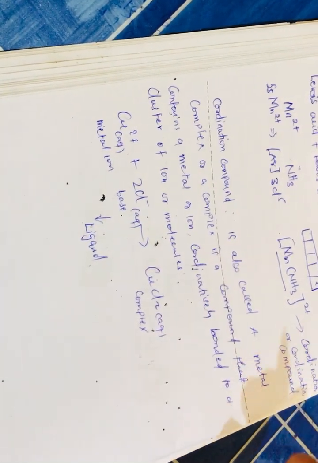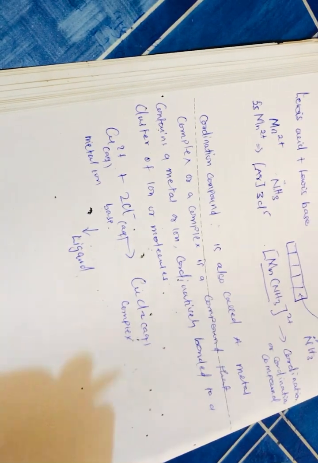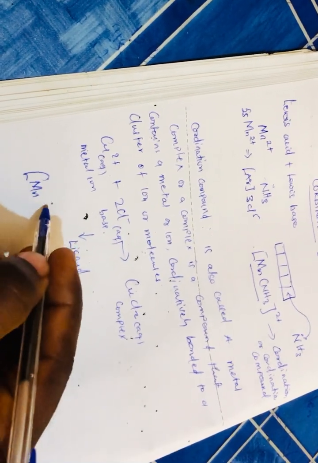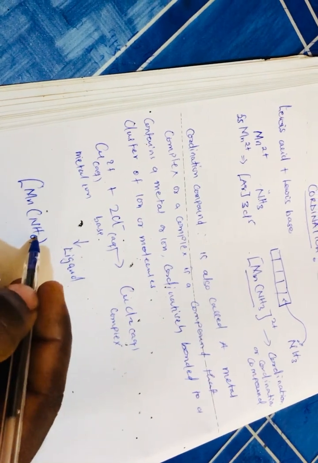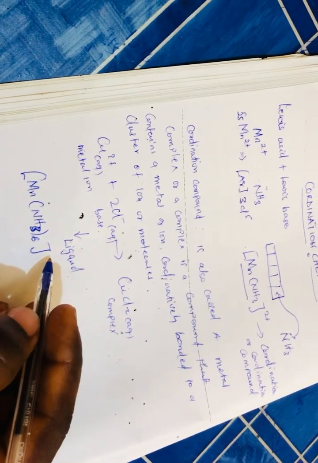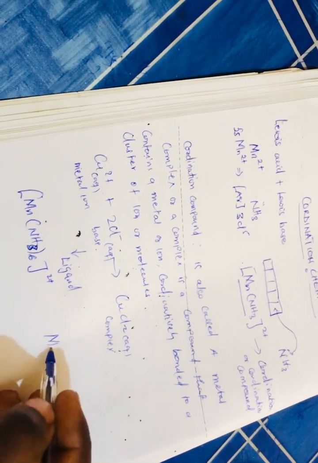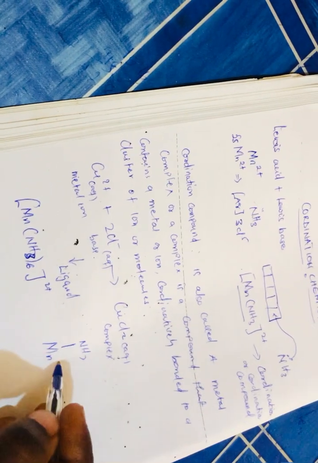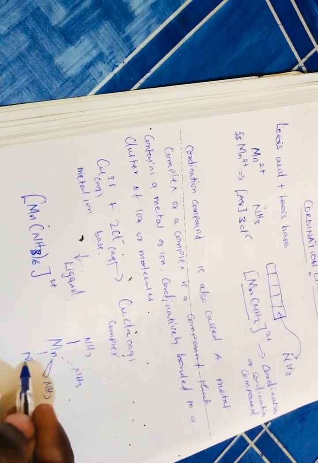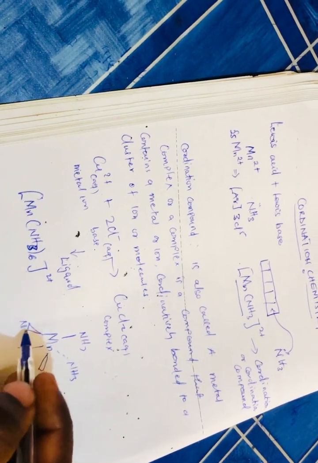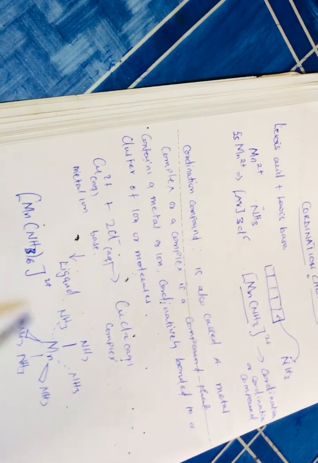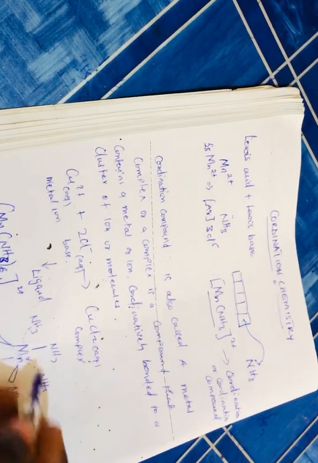For example, when you look at this complex, maybe 2+, you see, we have 6 ammonia molecules surrounded around the Mn2+ central metal ion.